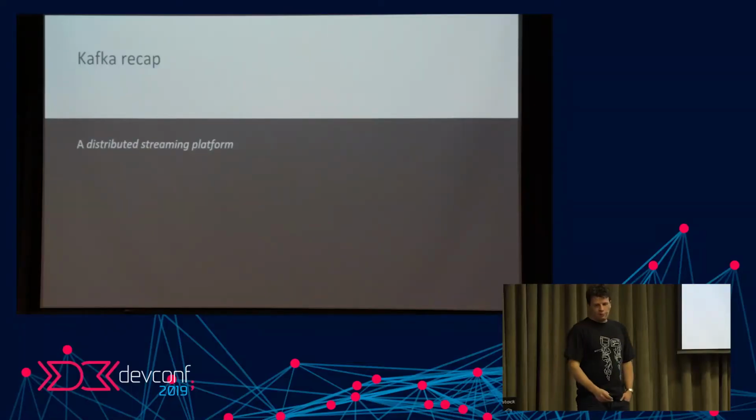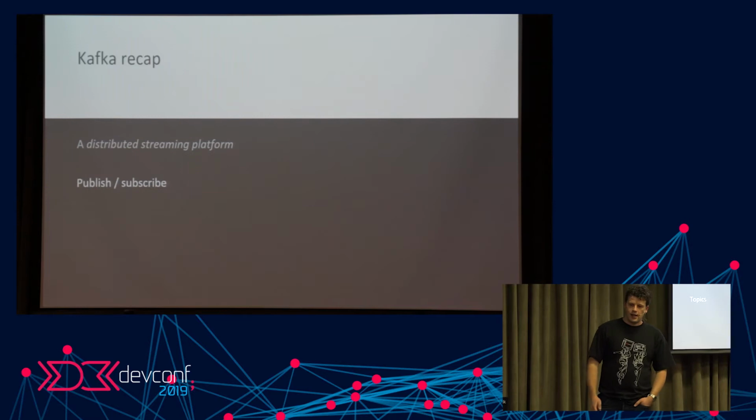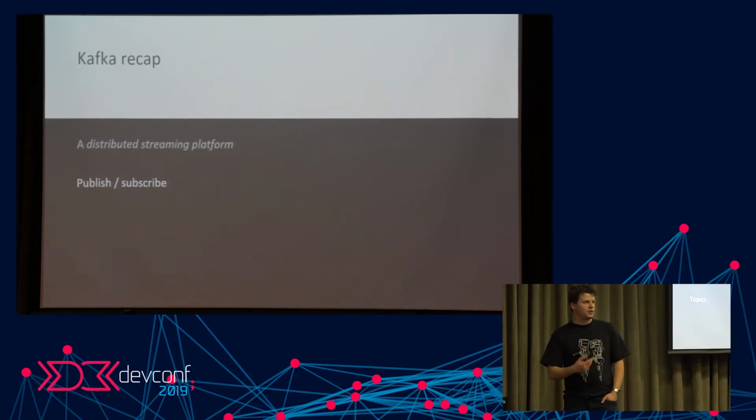So brief recap. As I said, it will not be actually about Kafka, but it might be useful to have some background. It's a distributed streaming platform. That's the formal definition that they apply themselves. It's a publish-subscribe mechanism, so you can use it for eventing. You publish and you subscribe to topics.